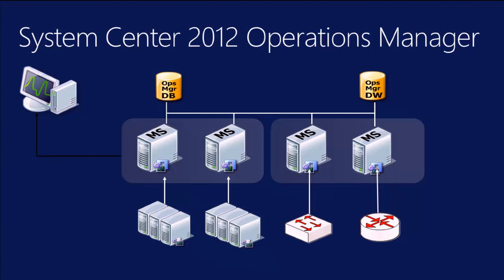It's got a new architecture, and in the 2007 version, there was a root management server that was the single critical point within that complete infrastructure. In 2012 SP1, they fixed that problem, and they created resource pools in clustered management servers. So when you're deploying an Operations Manager environment, you will have a few management servers, and you will pool them as a resource together, for instance, for operating system monitoring.